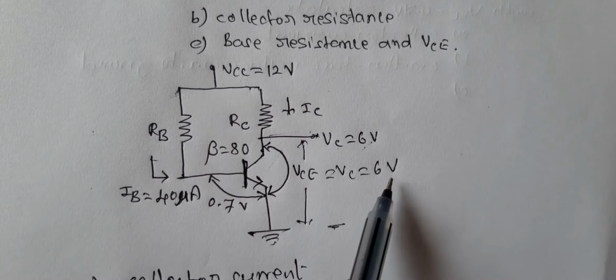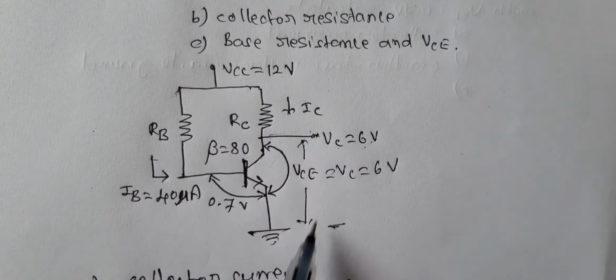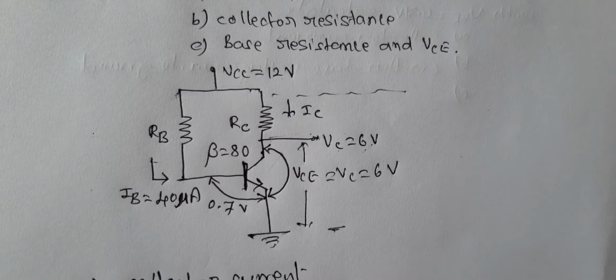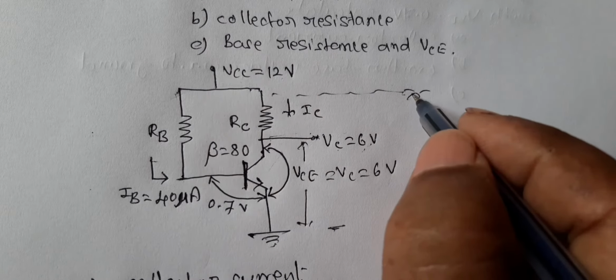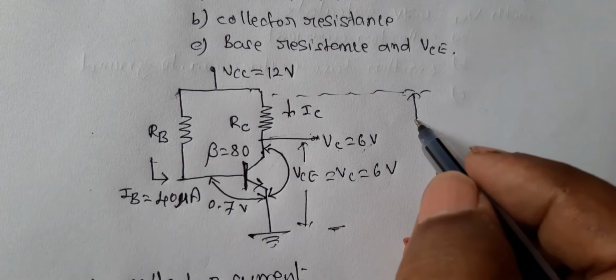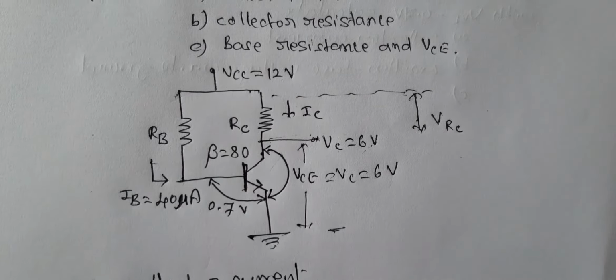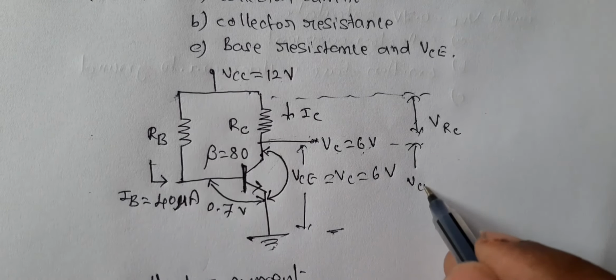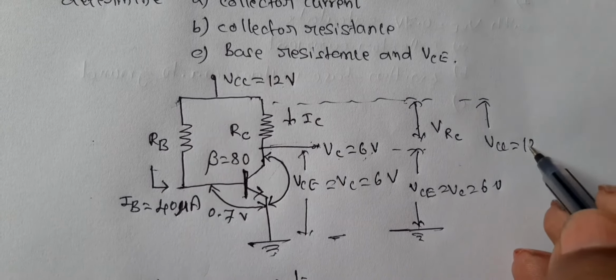Therefore, the voltage drop across the collector resistance, say VRC, is the entire voltage minus this. VCE is equal to VC equals 6 volts with respect to ground, and the entire applied voltage VCC is equal to 12 volts.